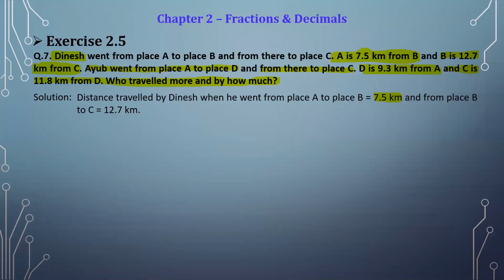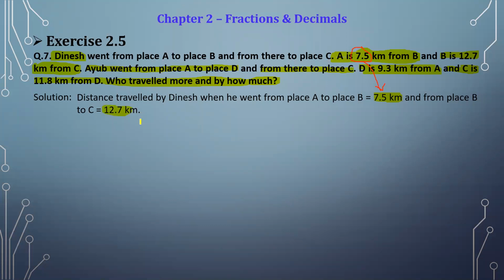We have used that value from the example. Then from place B to place C he traveled a distance of 12.7 kilometer.